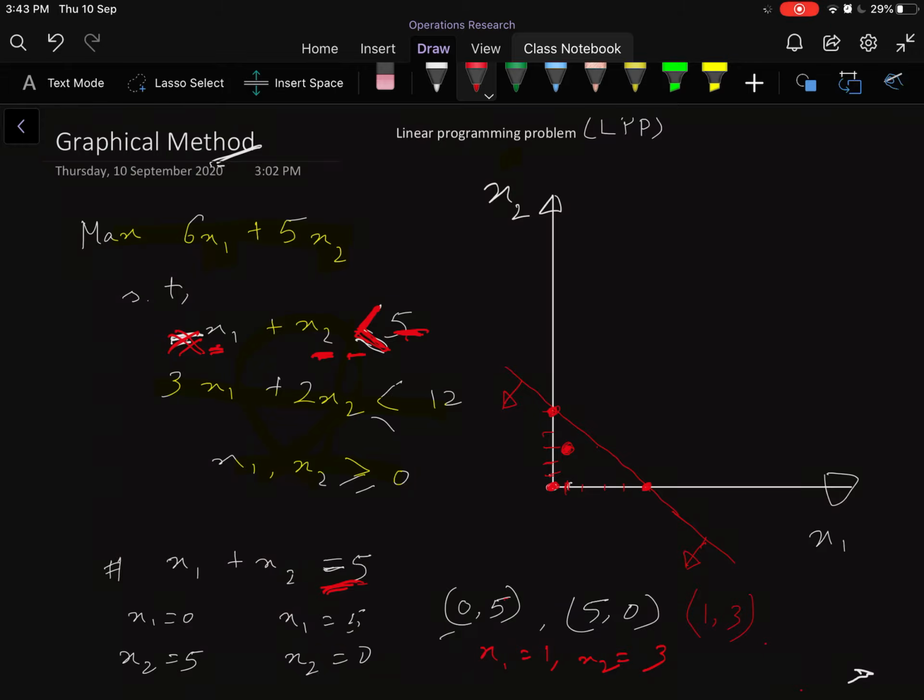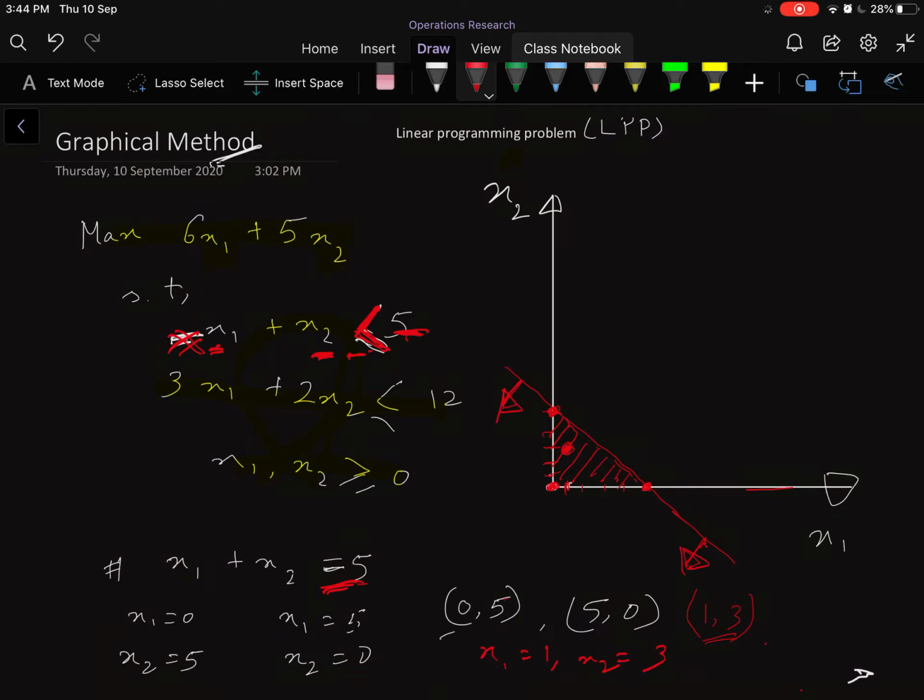So the region which we would be considering is bounded by this line which is associated with this constraint, and the two axes, this region. Why this region? I am just repeating myself, because this point which satisfies this condition x1 plus x2 less than 5 is lying on this side of the line.